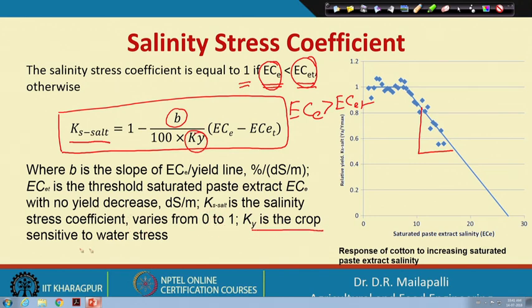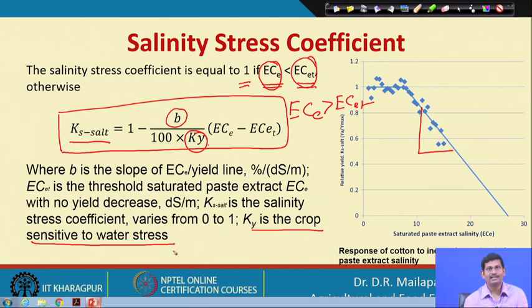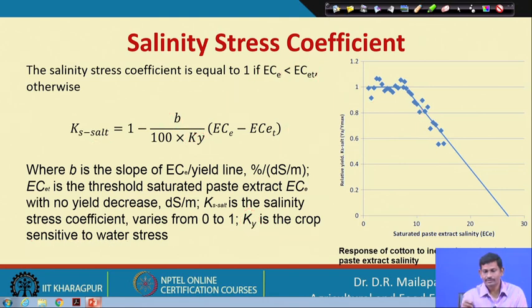Ky is the crop sensitivity to water stress, so we are going to put the crop water stress coefficient here as Ky. We have some table values, so we can directly use the Ky value for a particular crop. Okay.